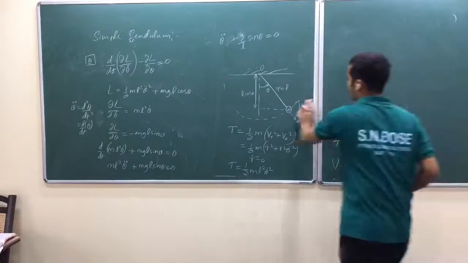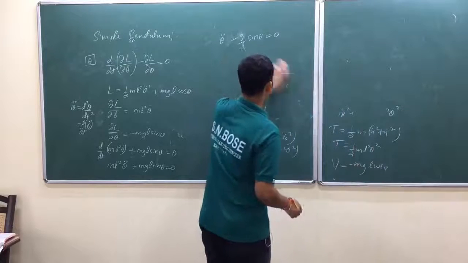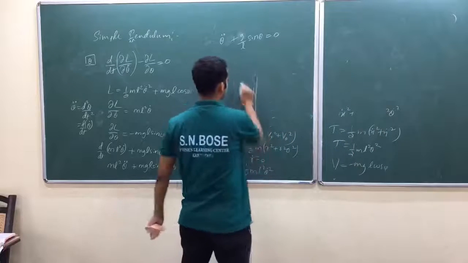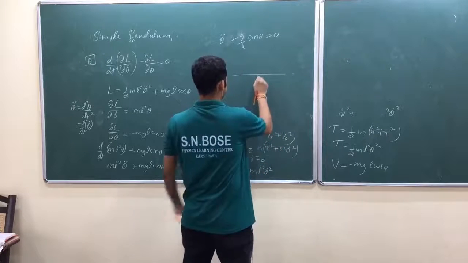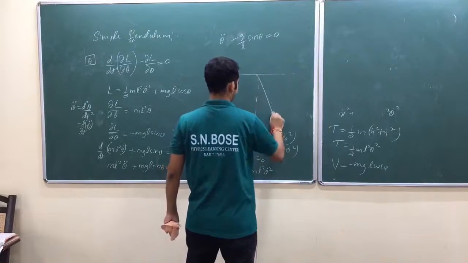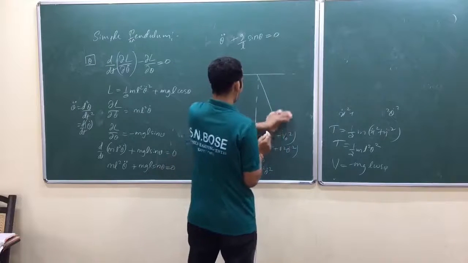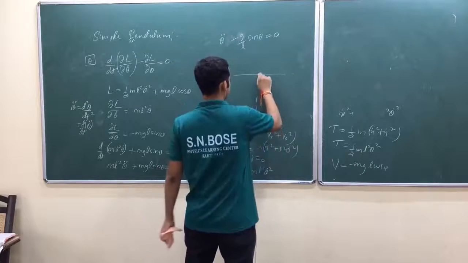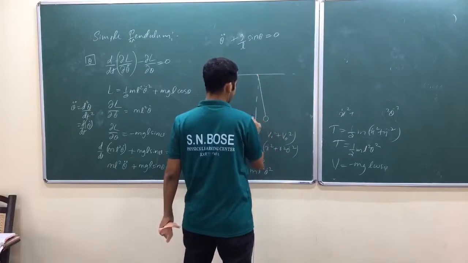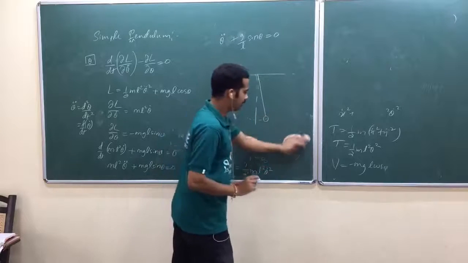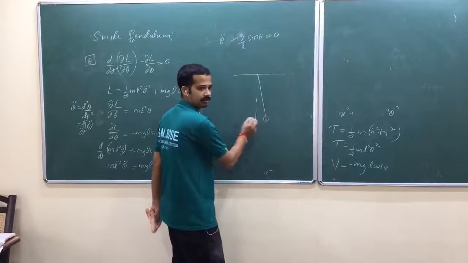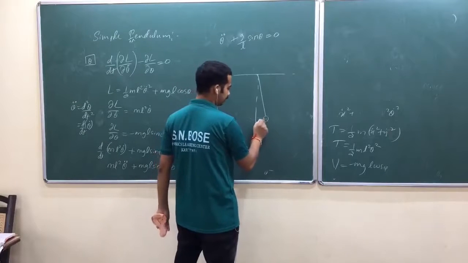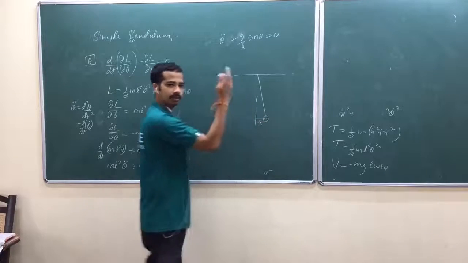Now what I do here is I am going to take small oscillation. Small oscillation means let me take very small displacement from the mean position. And in that case, look at here, I can just assume this is almost linear. Let me call this one as x, not our earlier coordinate system.